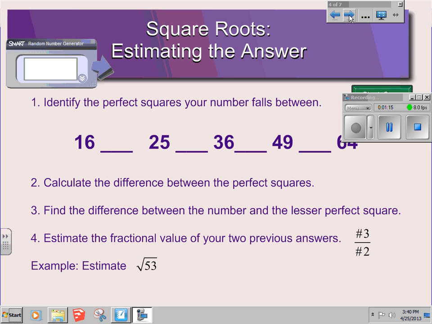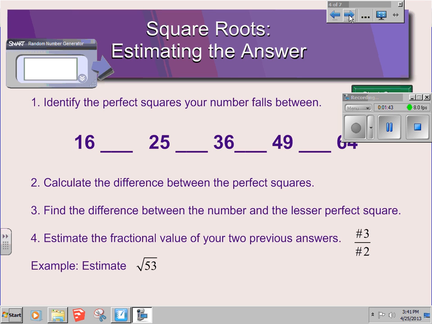If you're trying to find the square root of something like 53, the example we're using down here, you look for which two perfect squares it falls between, and then you try to find at what decimal point it is by looking at the fraction of how far away it is from the lowest one. So let's just do this with the square root of 53.